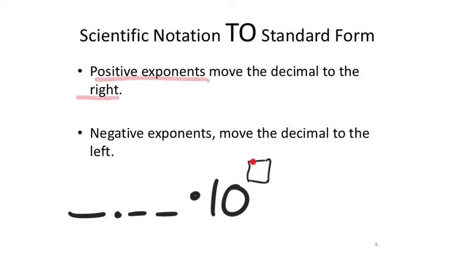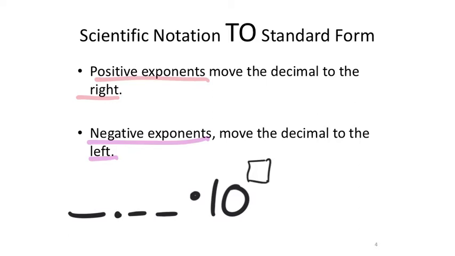The number will tell us how many times to move that decimal. If the exponent is negative, then we'll move the decimal to the left. And again, the number tells us how many times to move the decimal to the left. So that's pretty much all we need to remember for scientific notation.